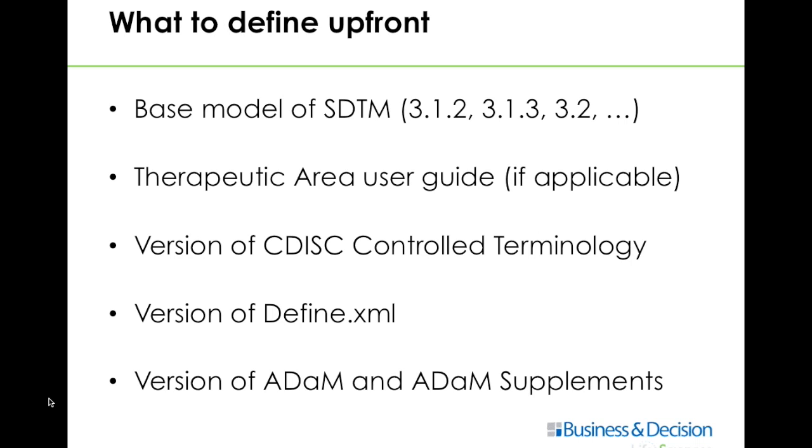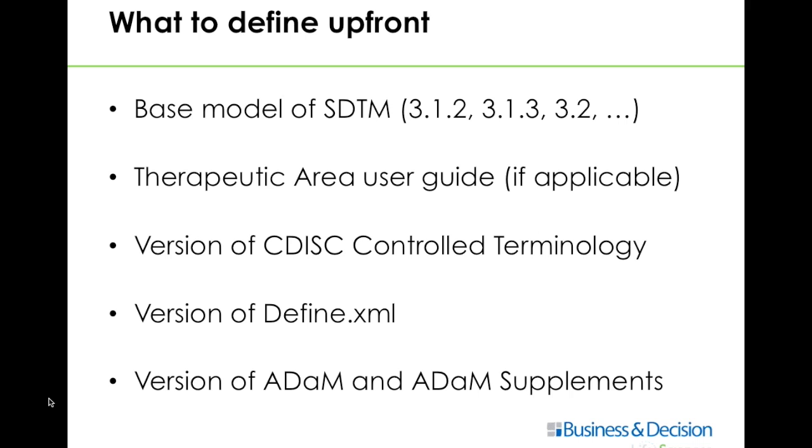Now, there are certain things to define upfront before you start your conversion. First of all, you need to choose a base model of SDTM. Now, the latest version is 3.2, but a lot of our sponsors are still converting to 3.1.3, as this is still accepted by the FDA and will be accepted by the FDA for quite some time still.